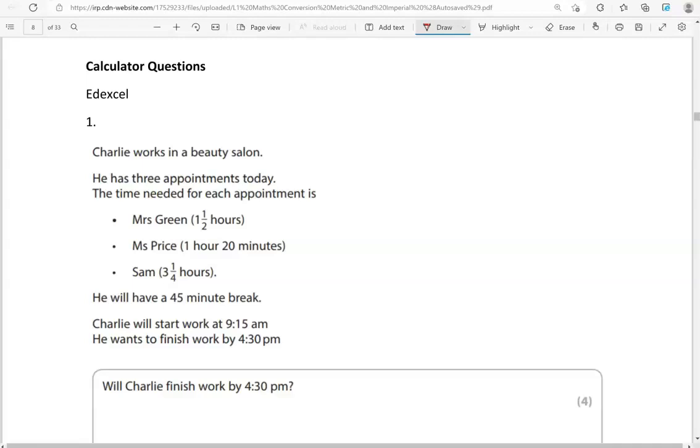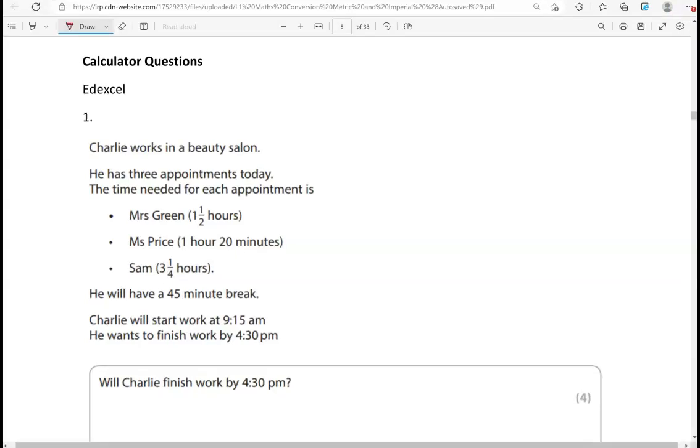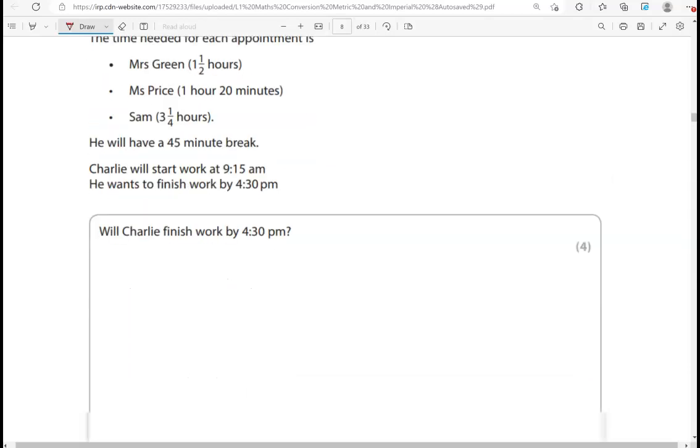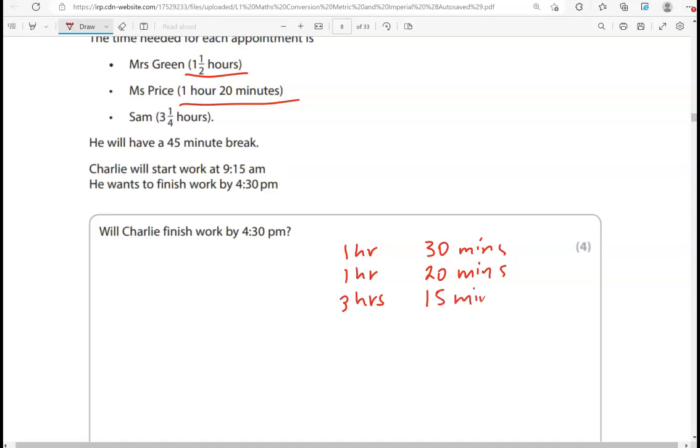Well, we have 1.5 hours, 1 hour 20 minutes, and 3.25 hours. Then a 45-minute break as well. So 1 hour and 30 minutes, that's 1.5 hours. 1 hour and 20 minutes, and 3 hours and 15 minutes.